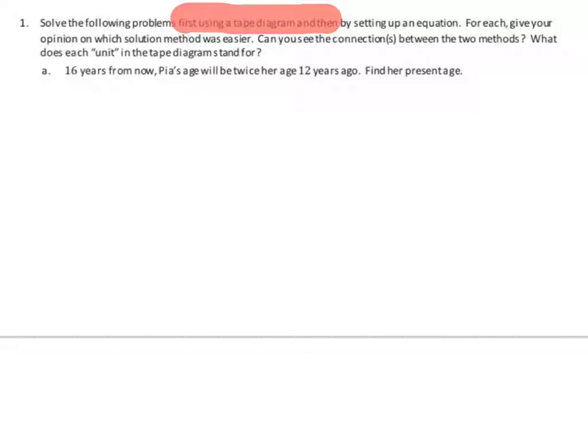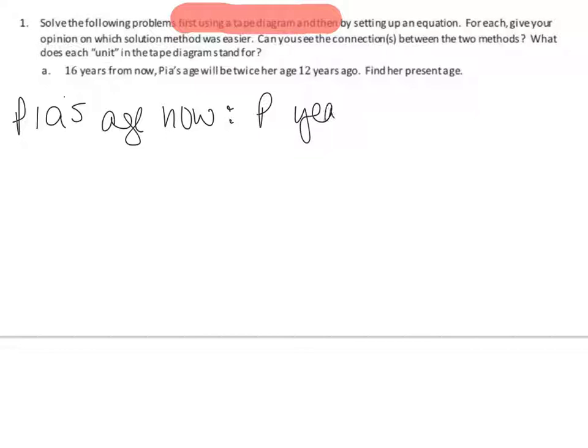Okay, so 16 years from now, Pia's age will be twice her age 12 years ago. Find her present age. Some people grew up playing these age puzzles, and they just found them as puzzles. We actually use them as algebra. So we can say that Pia's age now is P years old.